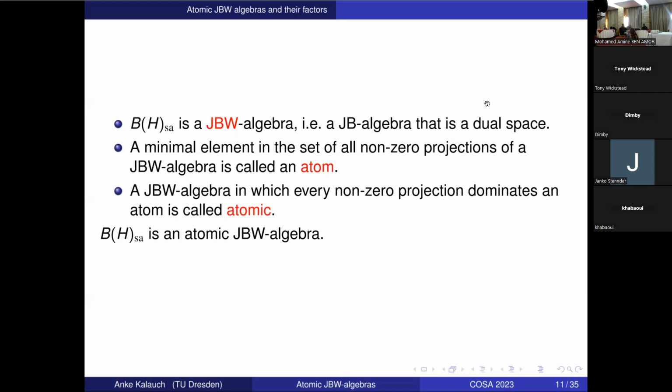We look at all non-zero projections in a JBW algebra, and a minimal element there is called an atom. If you take a projection and this dominates an atom, then we call this space atomic. And this B of H is an atomic JBW algebra.